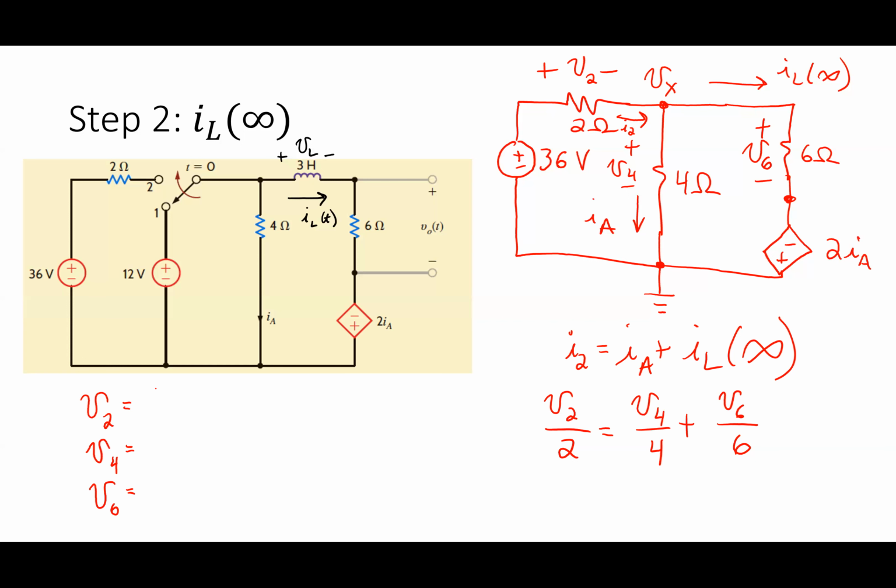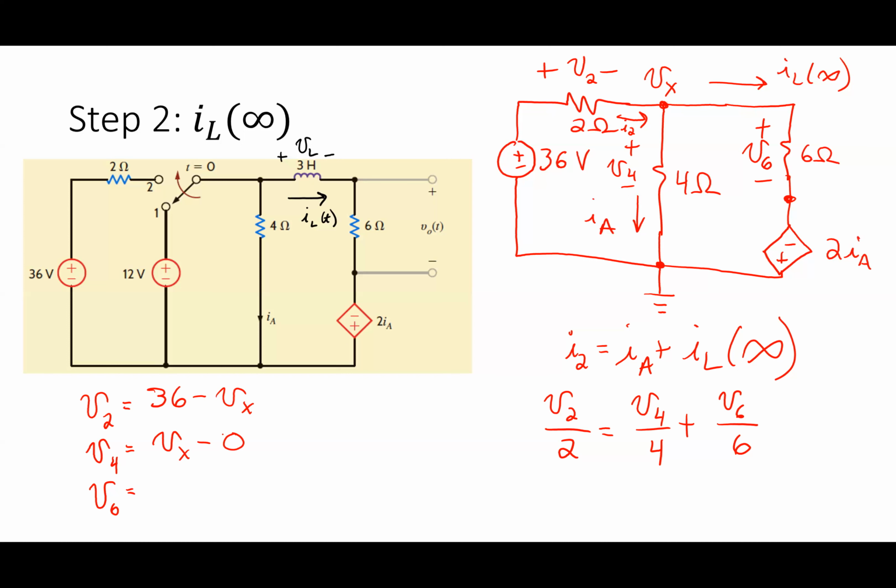This guy's going to be 36 minus whatever I have at the negative terminal. What's that? Vx, the unknown. Now what about V4? That guy at his positive terminal has Vx. What node voltage does he have at his negative terminal? 0. So he's just Vx.